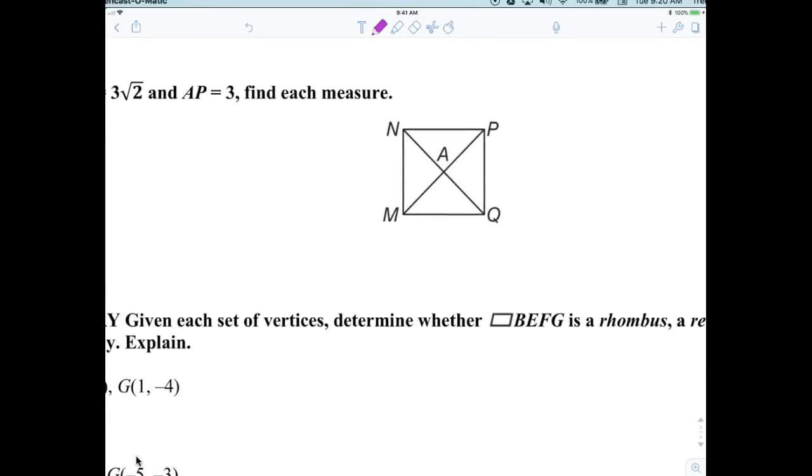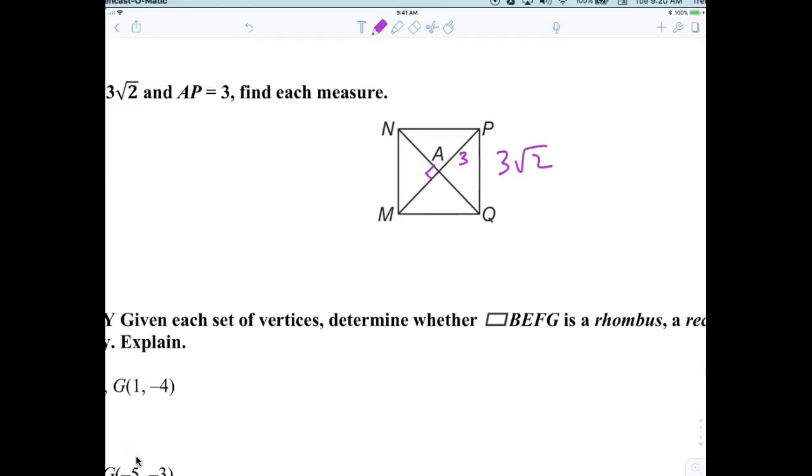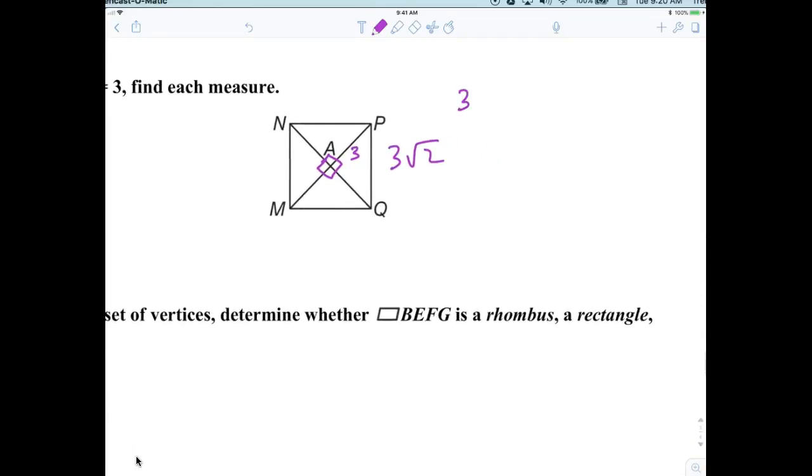So if PQ is 3 radical 2 and AP is 3. Again, it's a rhombus, right? So now we're practicing 3 squared plus b squared equals 3 radical 2 squared.